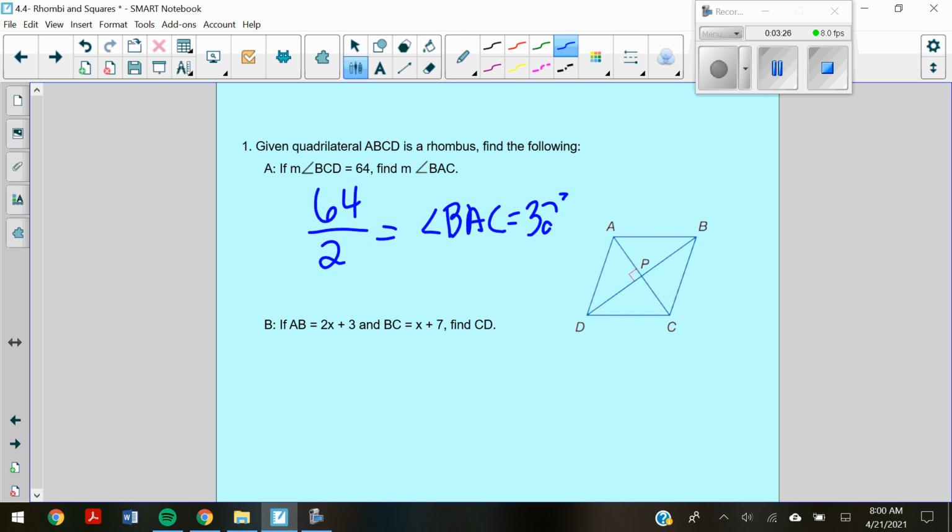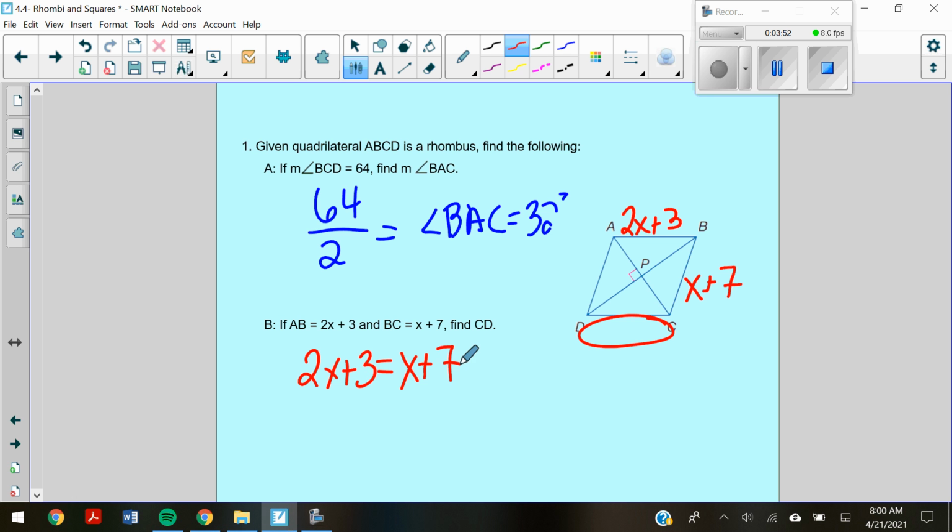All right, so let's do the next one. AB is 2x plus 3 and BC is x plus 7. Find CD. So we're looking for this length. Before we can find that length, we need to determine what x is. In a rhombus, all of the sides are congruent, so 2x plus 3 equals x plus 7.